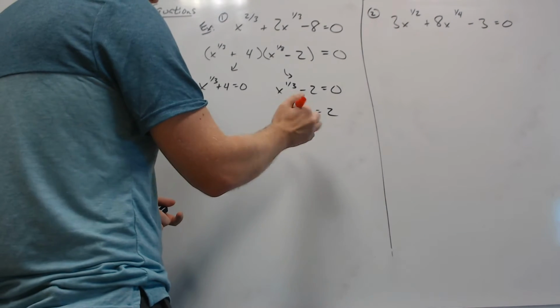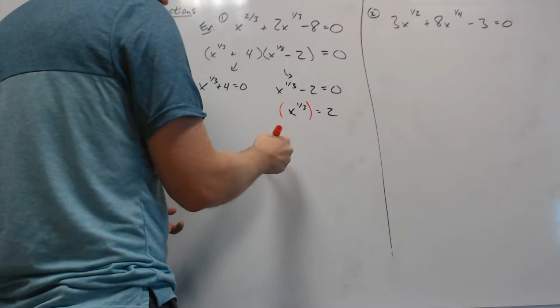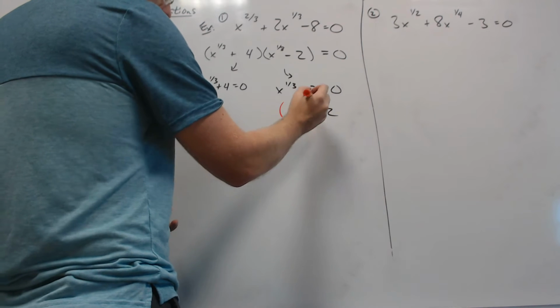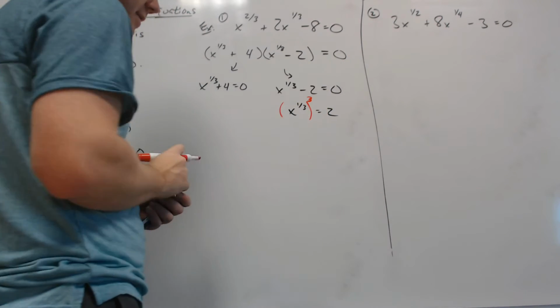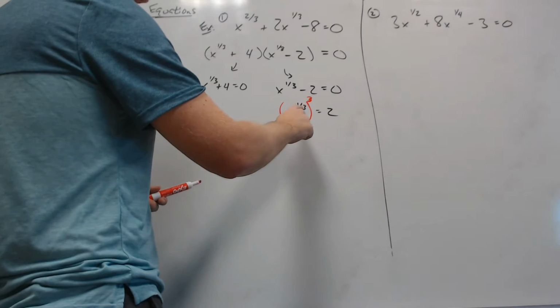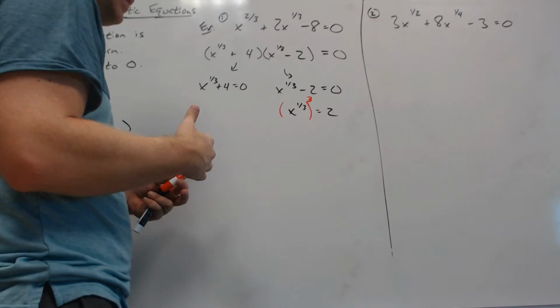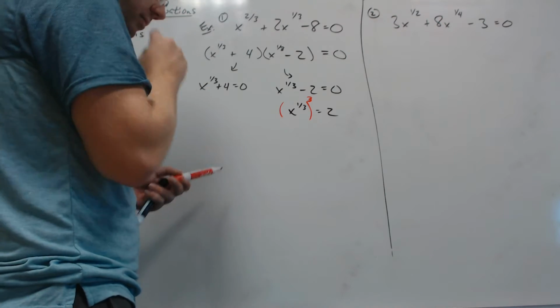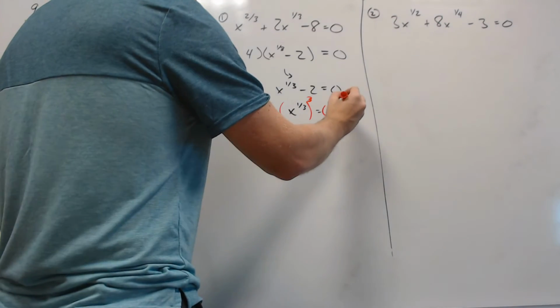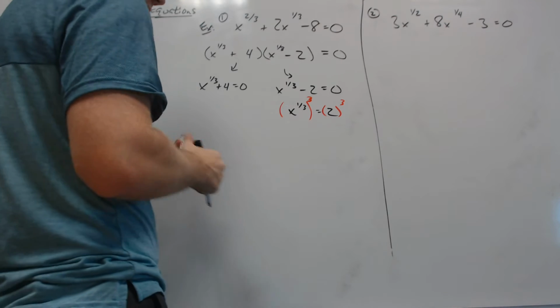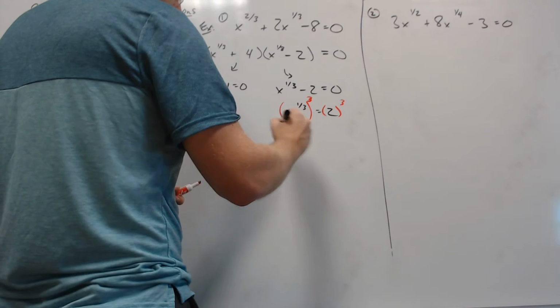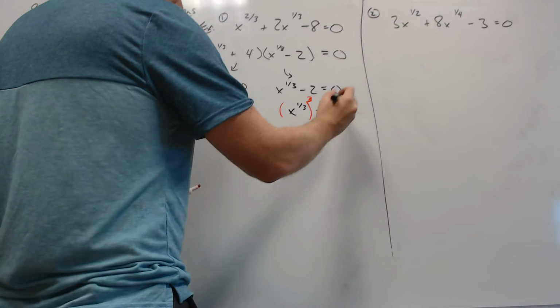If I want to get rid of this power, I can just raise it to the reciprocal power. If I raise it to the 3rd, 3 times 1/3 is going to cancel out. But I also have to raise the other side to the 3rd. So we have x equals 2 to the 3rd.